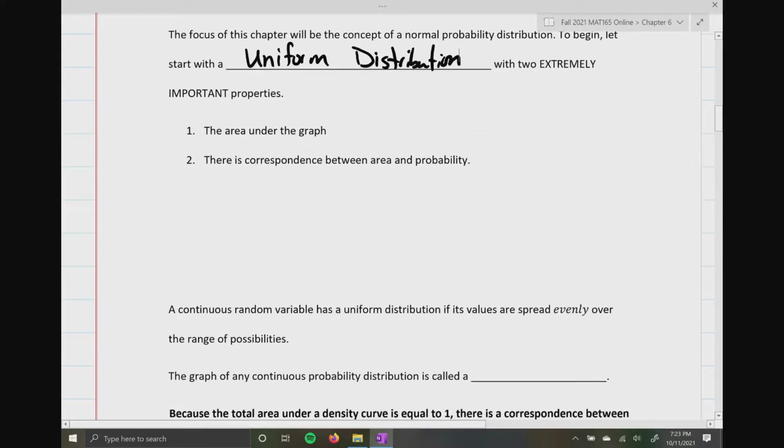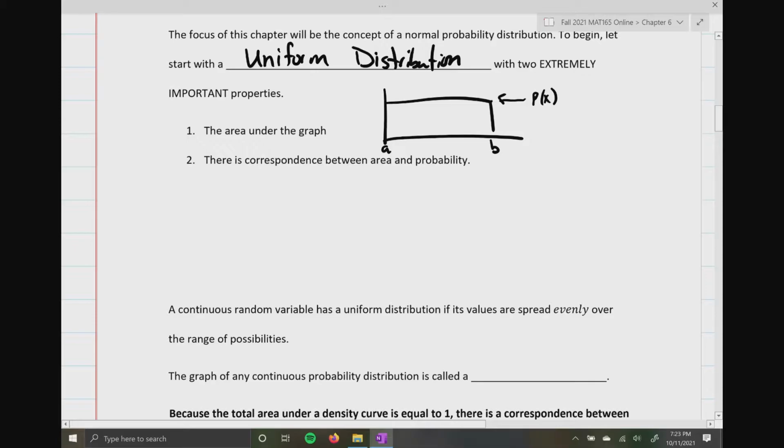So when we talk about a uniform distribution, it literally is a rectangle where this could be, let's say, A, and this could be B. So it's just the start of the rectangle and then the end of the rectangle. And then the height of this rectangle is the probability.